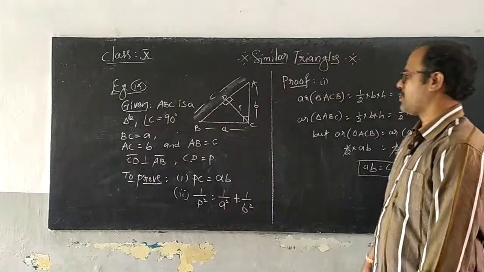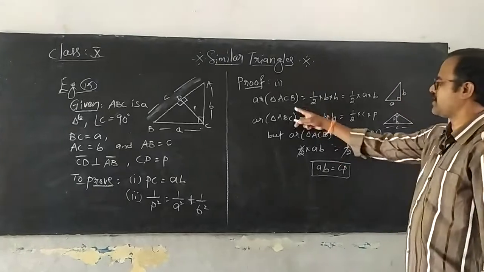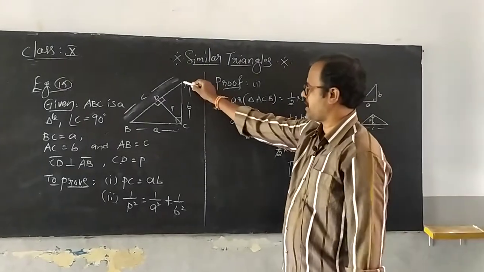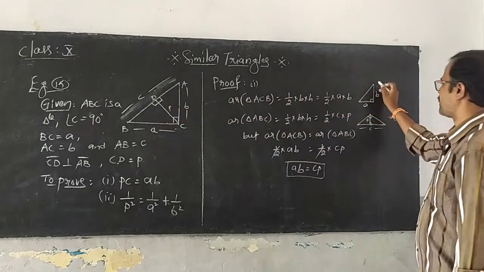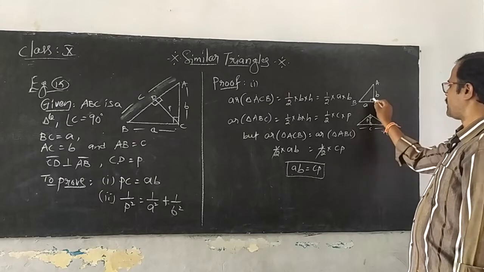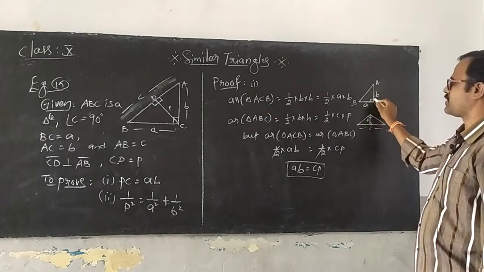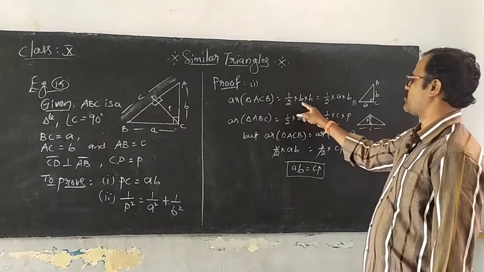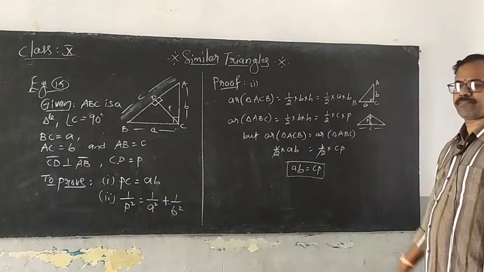Here if you observe, you have two triangles. One is triangle ACB. As it is a perpendicular, this is taken as base and this is taken as height. So area of the triangle is half into base into height, which is half into a into b.